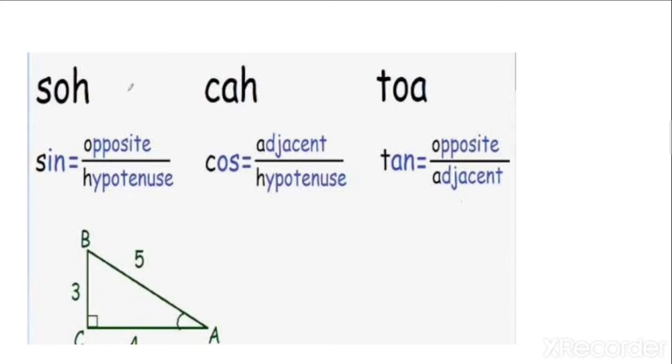Cos C, adjacent A, hypotenuse H, so it is CAH. Tan, opposite adjacent, that is TOA. So this is very simple, SOH, CAH, TOA. This way you can remember that sine is opposite by hypotenuse, cos is adjacent by hypotenuse, tan is opposite by adjacent. So SOH, CAH, TOA.